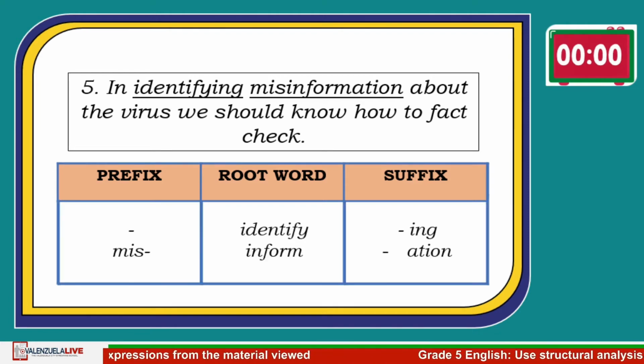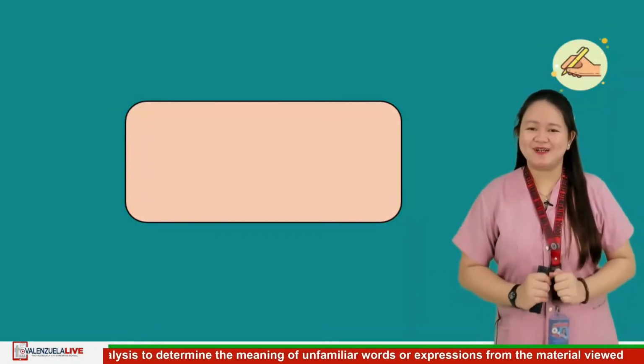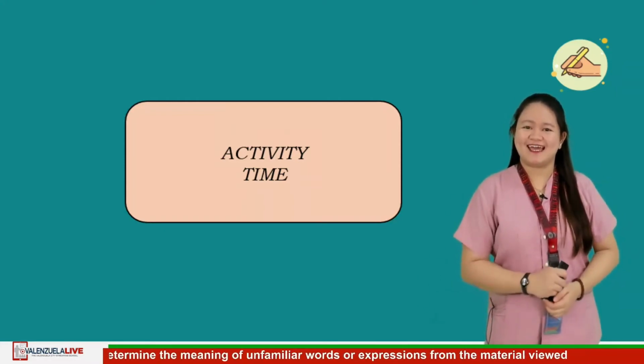The answers are the following. The root word is identify with the suffix ing. Next, the root word is inform with the prefix mis and suffix ation. Now, great job! Let's move on to the next activity.